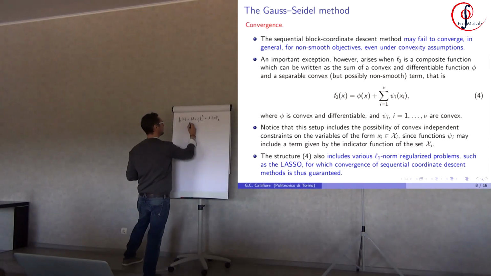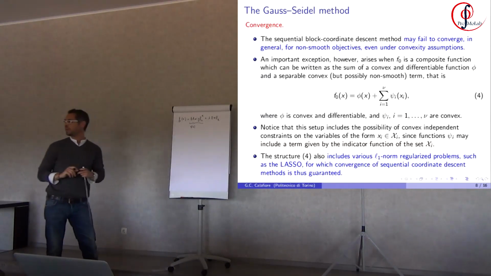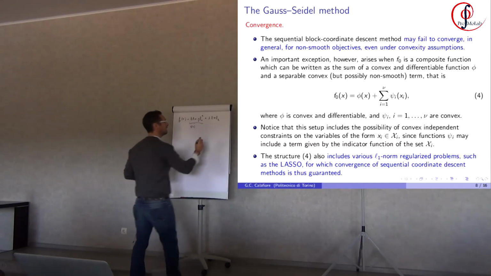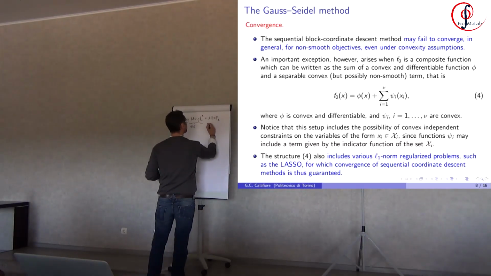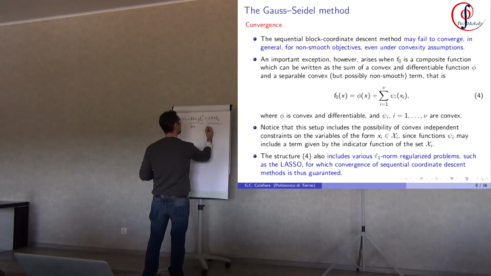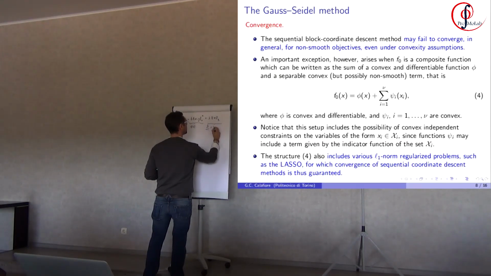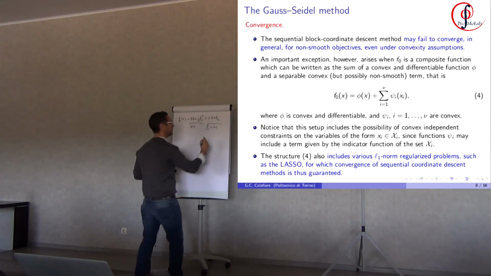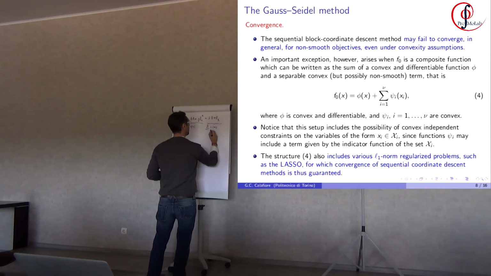And so this is function phi of x, which is smooth, convex, so convex and differentiable. And this is the summation from 1 to n of lambda times the absolute value of xi, and this is my function psi_i of xi.